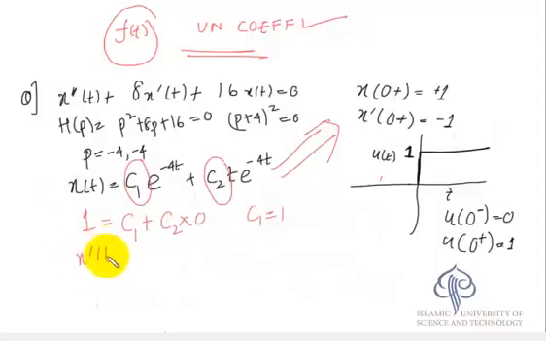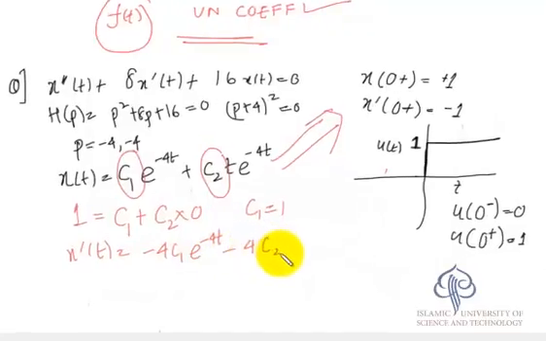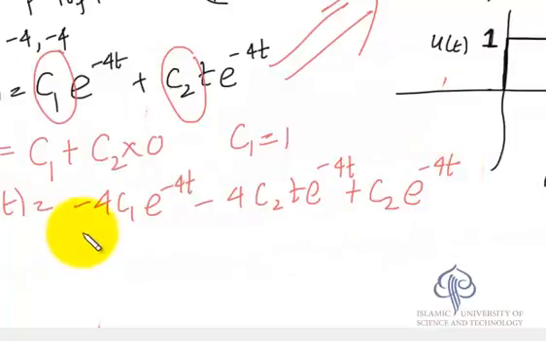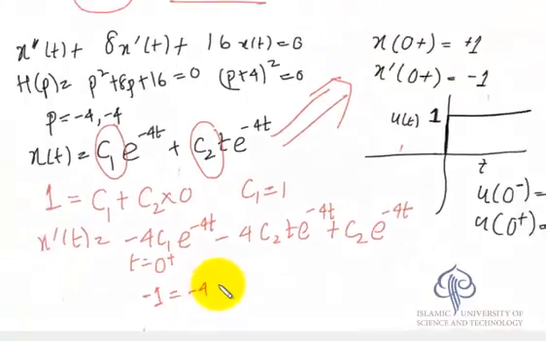x dash t is equal to minus 4 c1 e to the power minus 4t minus 4 c2 t e to the power minus 4t, which is the first differential, plus c2 e to the power minus 4t. Put in t equal to 0 plus in this. So on the left hand side you have x dash(0 plus), which is minus 1, and on the right hand side you have minus 4c1.